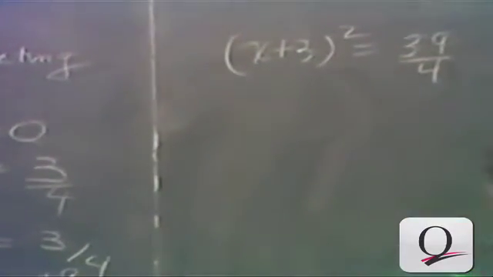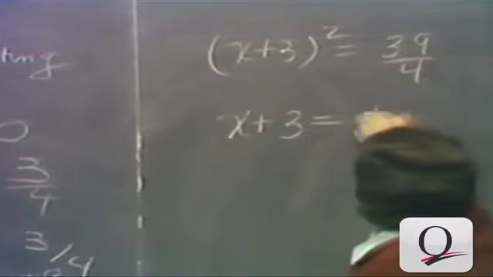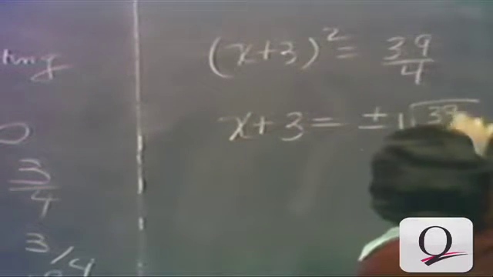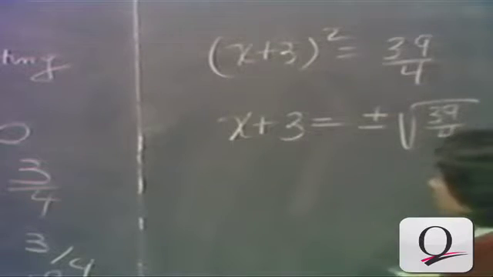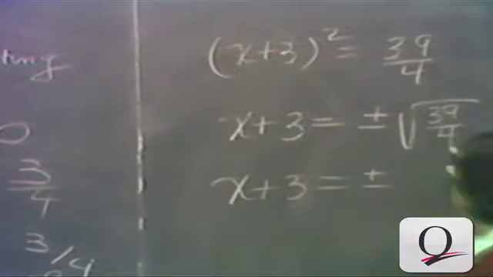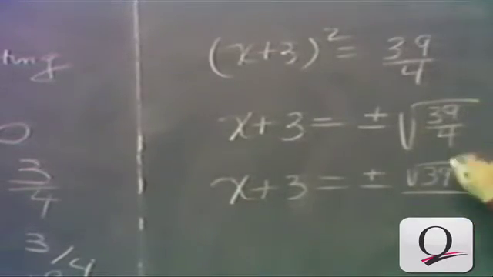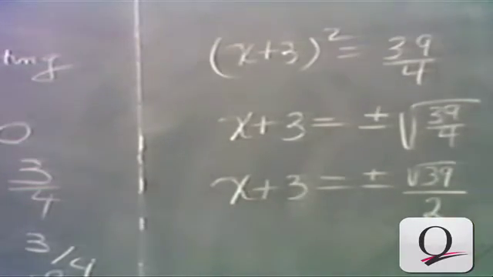And now we can solve this by extracting roots because the left-hand side is a perfect square. x plus 3 equals plus or minus the square root of 39/4. Now we have a fraction under a radical sign. To put this in simplest radical form, we would say it's the square root of 39 over the square root of 4, which is 2.